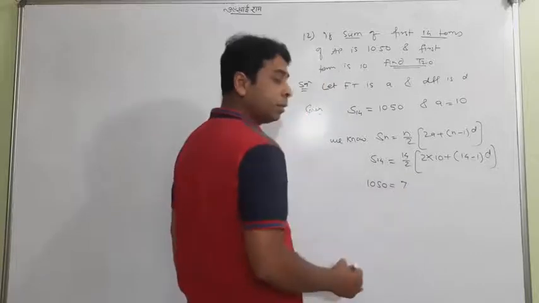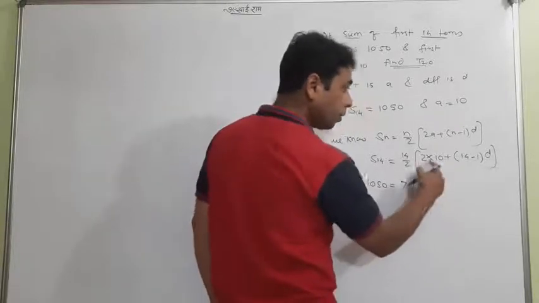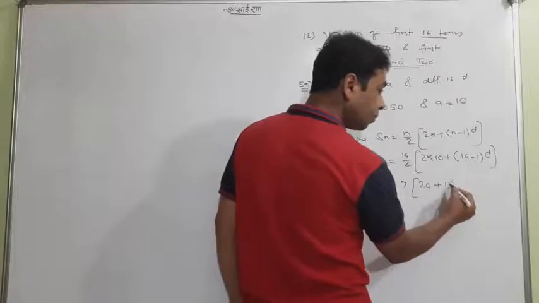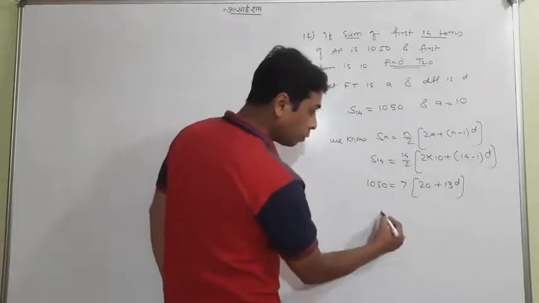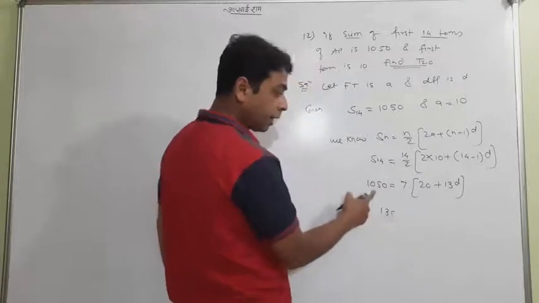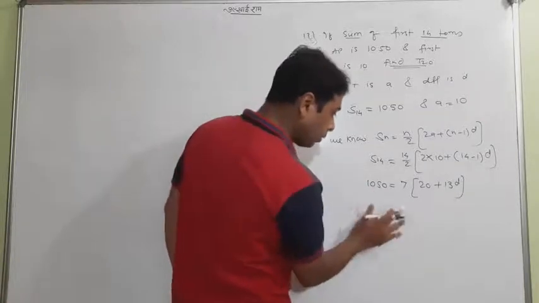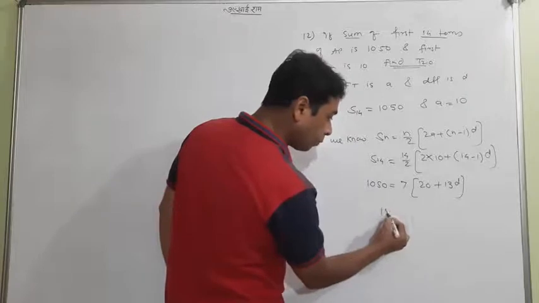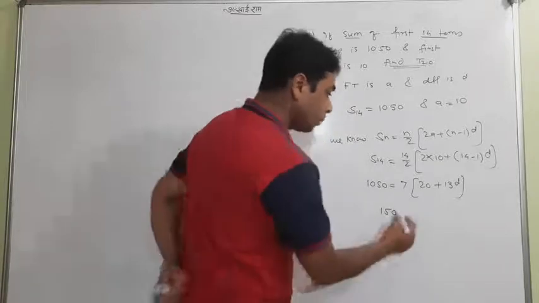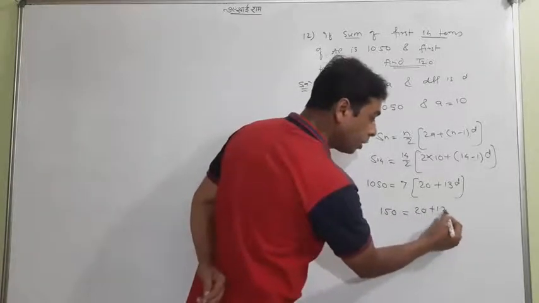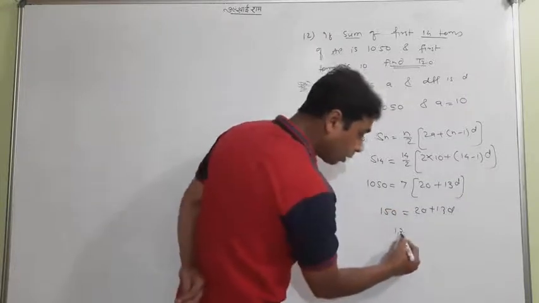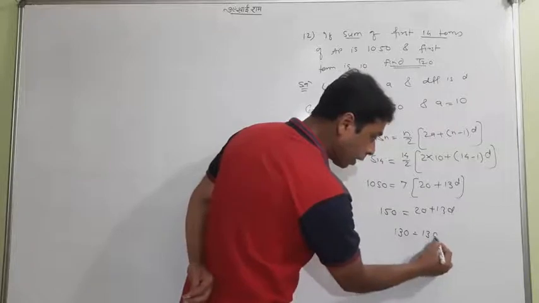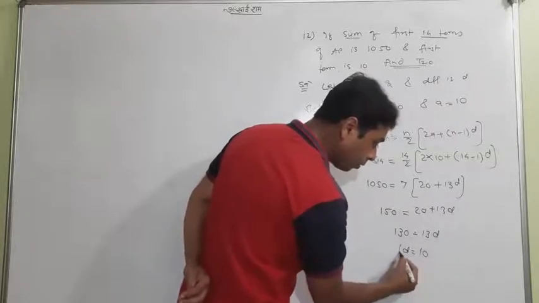This is 7, this is 20, and this is 13D. So 7 will transfer and cancel. 7 1s are 7, 7 5s are 35, 0, so 150 is equal to 20 plus 13D. 20 will transfer. 150 minus 20 is 130, and D will be 10.